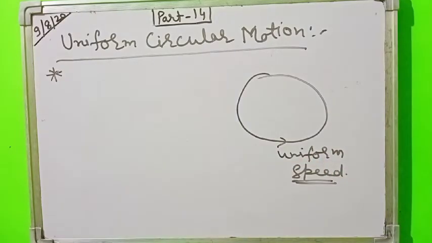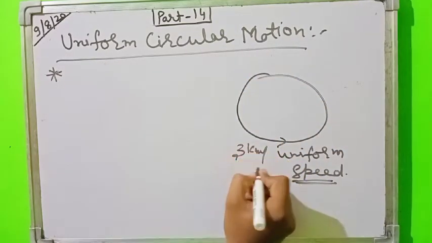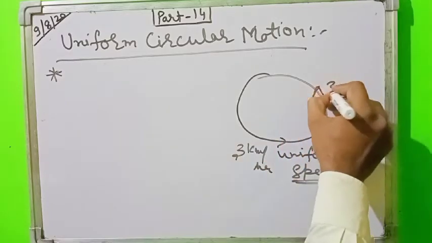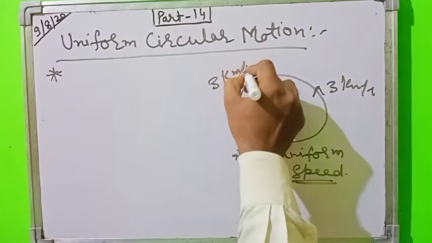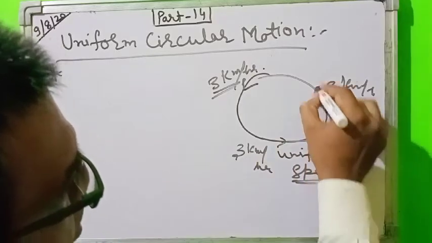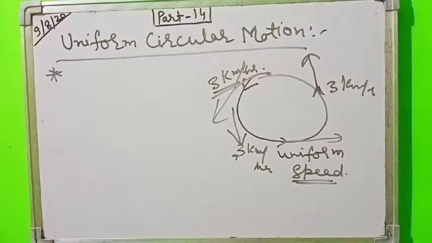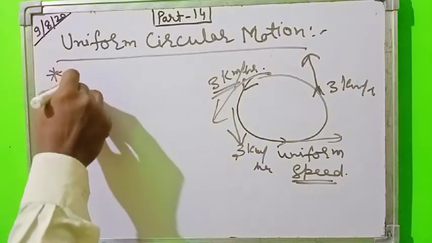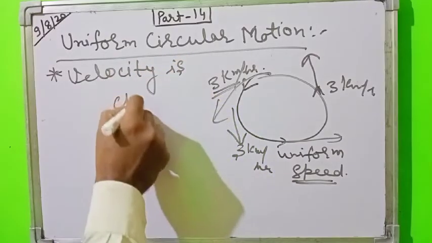Speed is uniform means if here the particle is moving with 3 km per hour, then here also the particle will move 3 km per hour. The speed of the particle is always 3 km per hour. But one thing you are noticing is that the direction is always changing. The speed is constant, but direction is changing, which means velocity is changing.